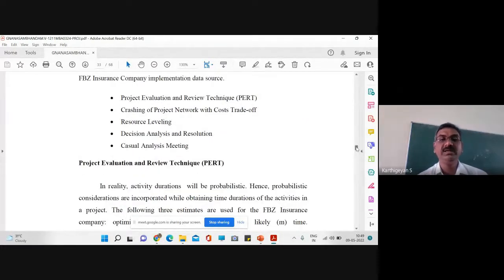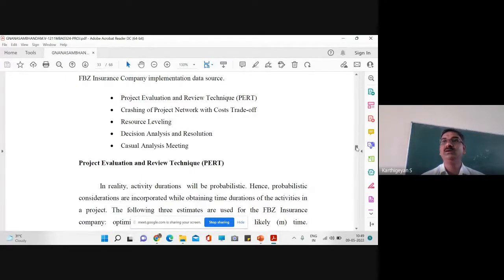This is one of the operation research techniques or tools, project evaluation and review technique, which finds the minimum expected time to complete the total project. Okay, so in that you can go for the cost reductions also, crashing the project network with cost trade-off also, and the resource leveling.